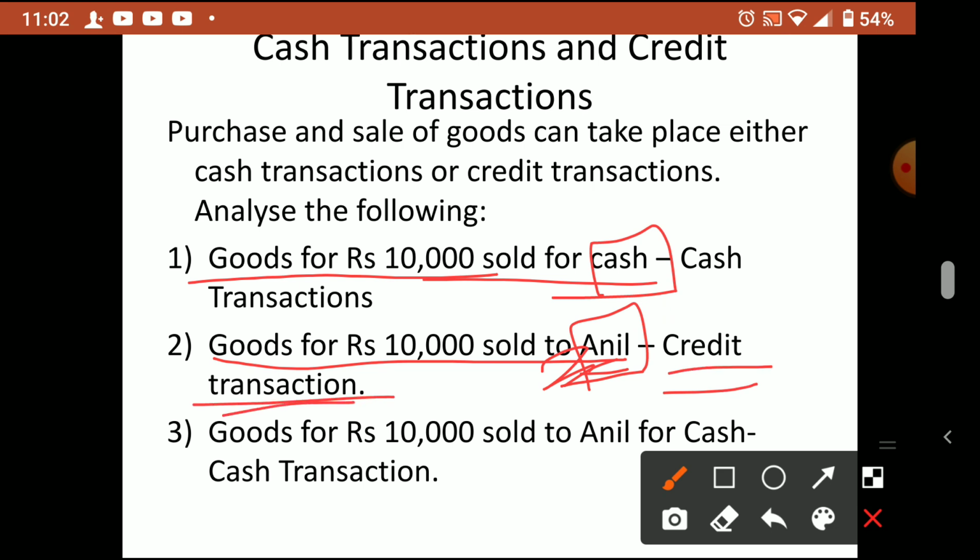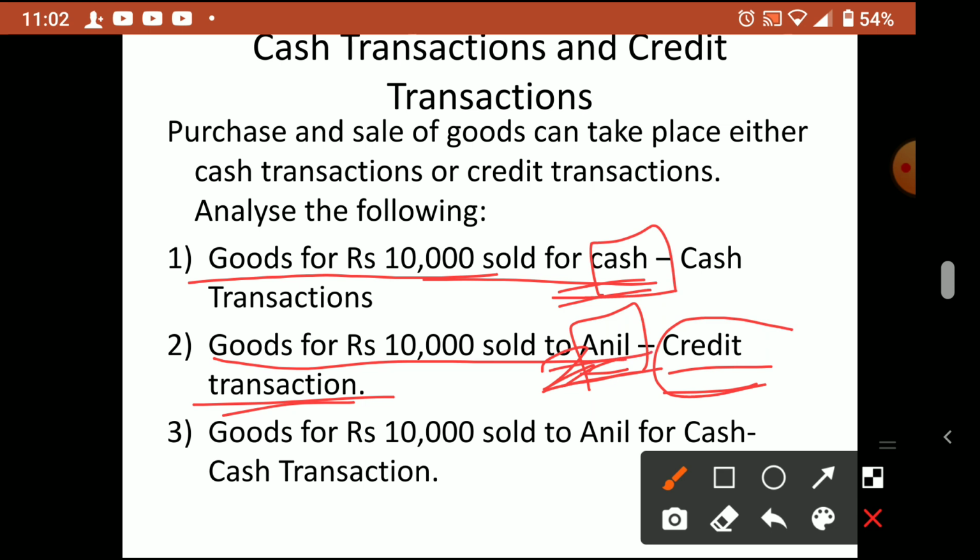So when money is received, the person is not important. If money is not received or paid, then that person is important, because you have to remember the person's name. He has to pay you money. Understood? So then it is what? Credit transaction. So how to identify cash transaction? The word cash will be there, name will not be there. But if name is there, then it is credit transaction.